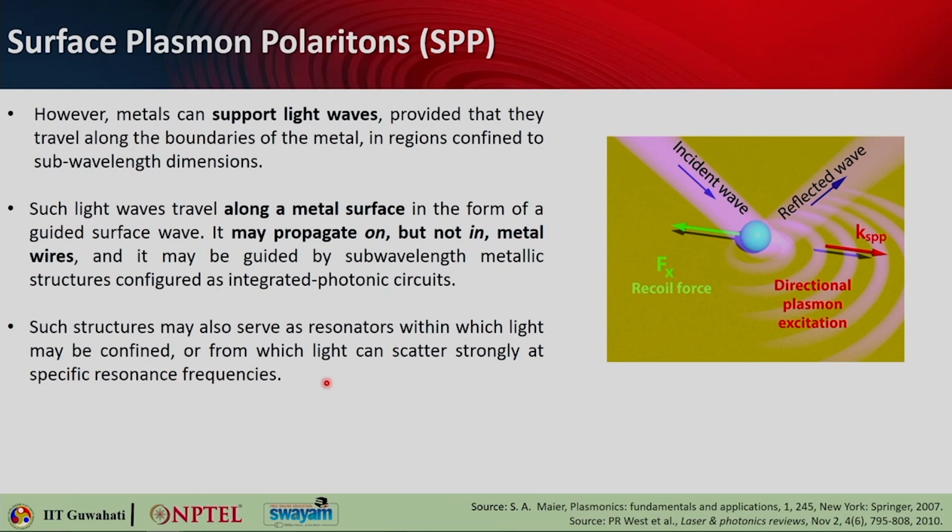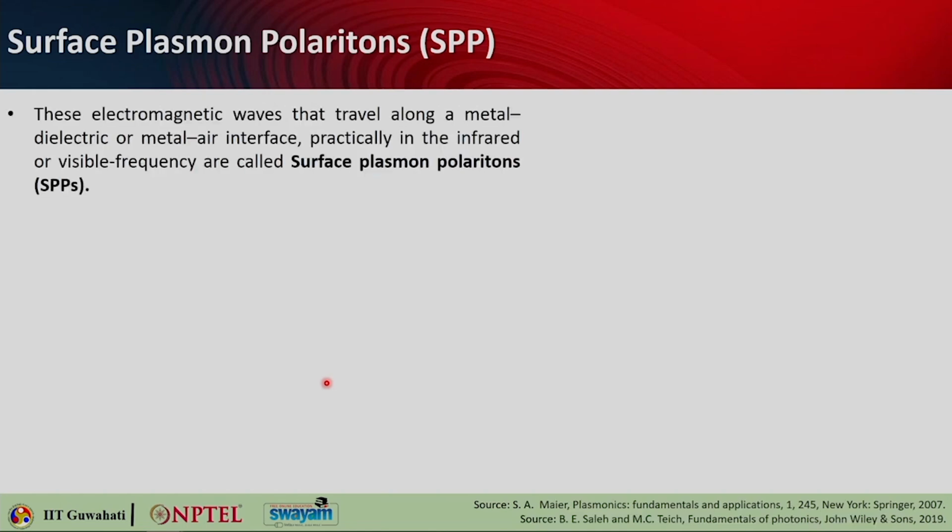There are a couple of applications of SPPs which we covered briefly during our introduction lecture. Here we will go into the fundamentals of these SPPs. We will look into some applications in the next lecture, but today's lecture will be mainly on the fundamentals.